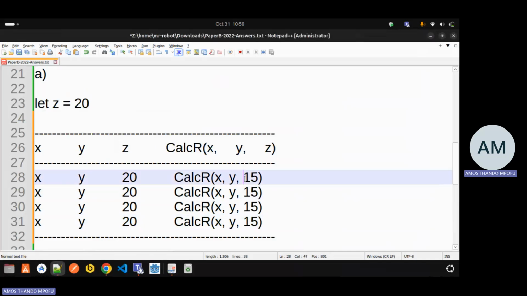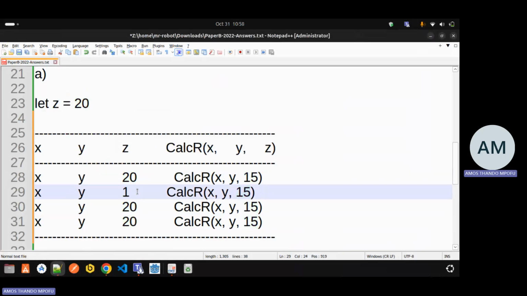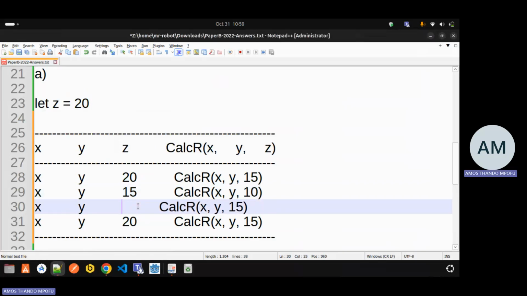So Z is 15, right? We've changed Z to 15. So in the next step, Z should be 15 because we've updated Z. And then here, this would be 15 minus 5, which is 10, right? This will be 10. And in the next step, Z should be 10.